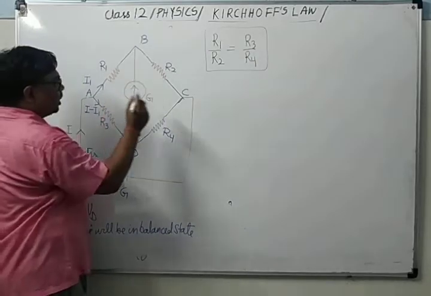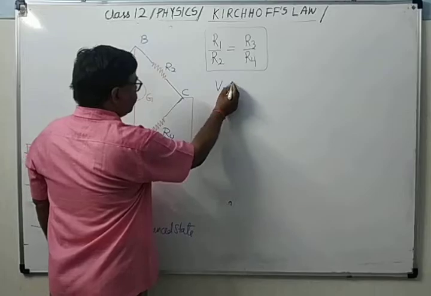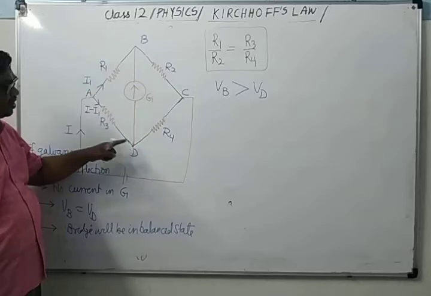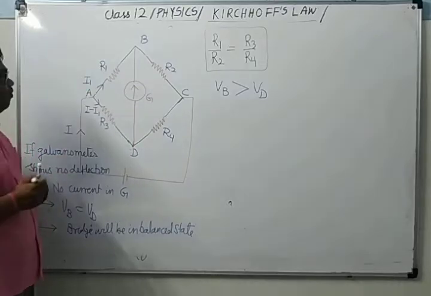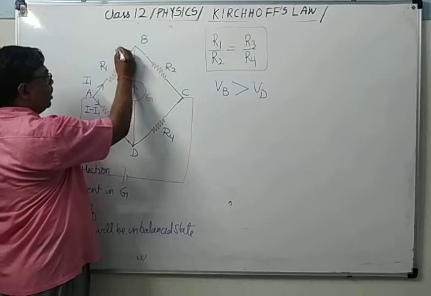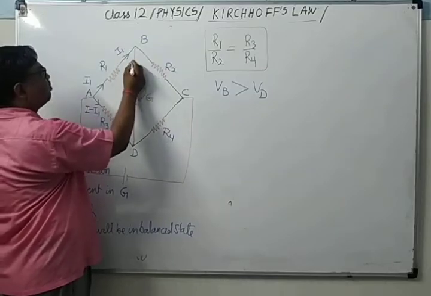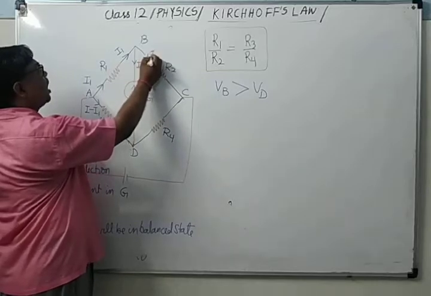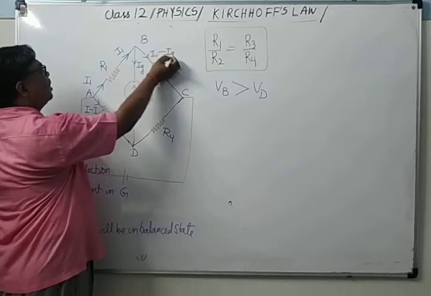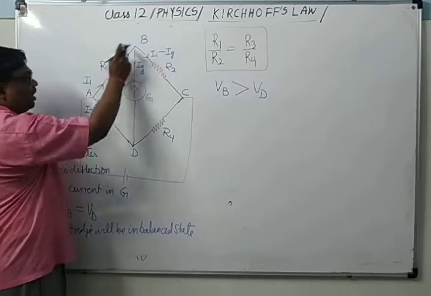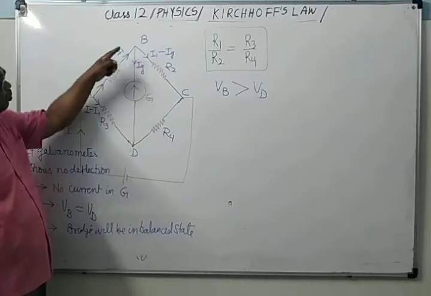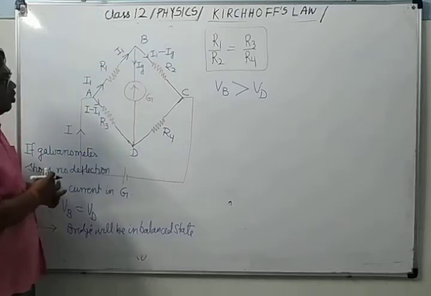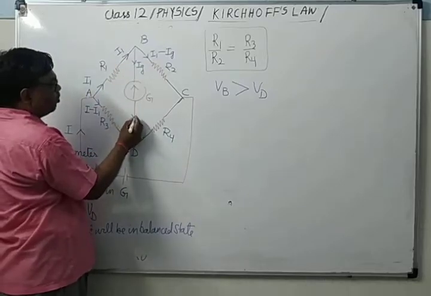Here we have assumed that the potential of point B is higher than the potential of point D. So when the I1 current reaches here, it will divide into two parts. Suppose the current which goes here is Ig, so the remaining will be I1 minus Ig. Since the potential of point B is higher than D, current will flow in this direction. So suppose Ig current flows through the galvanometer. It's clear.